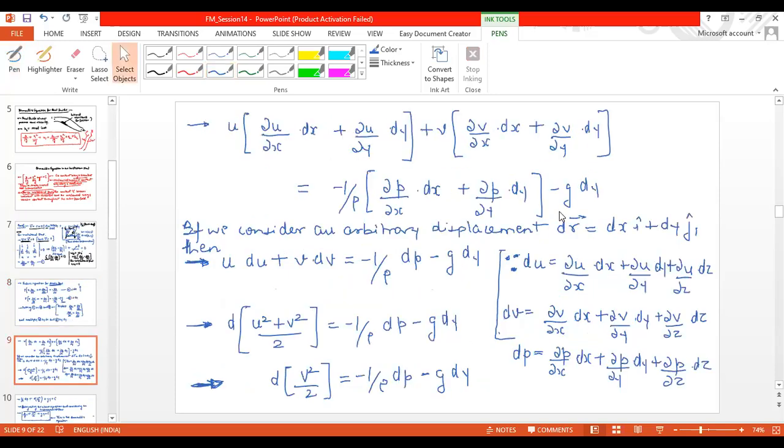Finally you have an equation like this: U (delta U by delta X dx plus delta U by delta Y dy) plus V (delta V by delta X dx plus delta V by delta Y dy) is equal to minus 1 by rho (delta P by delta X dx plus delta P by delta Y dy) minus g dy.